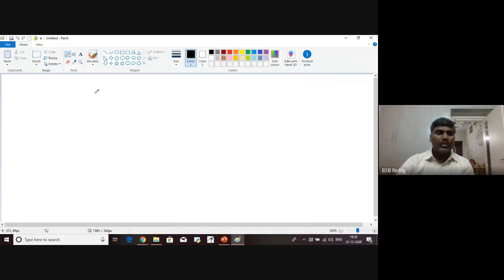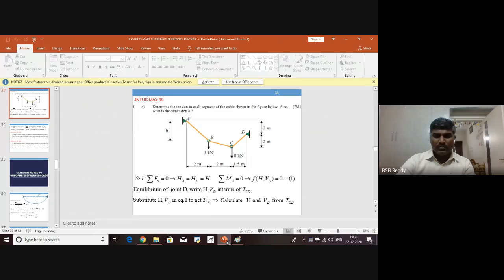Starting from here, this level difference is 2 meters between the supports, and then the bottommost point is 2 meters from this. This has got some h distance from the left support.